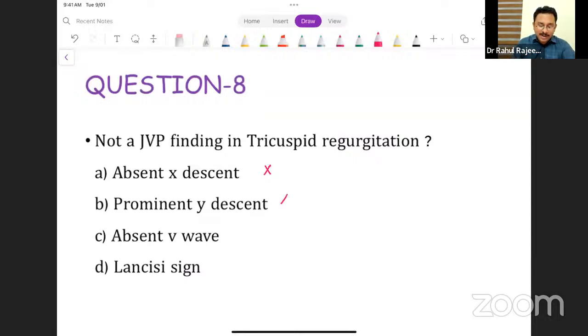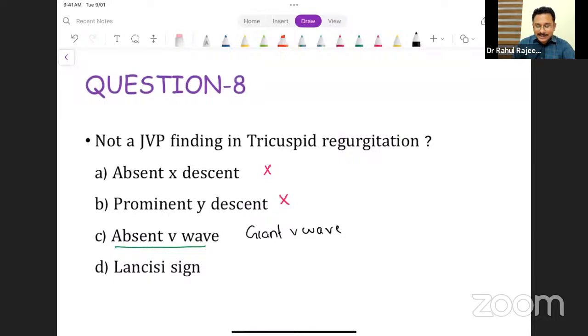And yes, you will have a prominent Y descent in case of tricuspid regurgitation as well. Okay, right. So that is also clear. Absent V wave, that is not right. In fact, that is not a JVP finding because what you get in case of tricuspid regurgitation is a giant V wave. Okay.